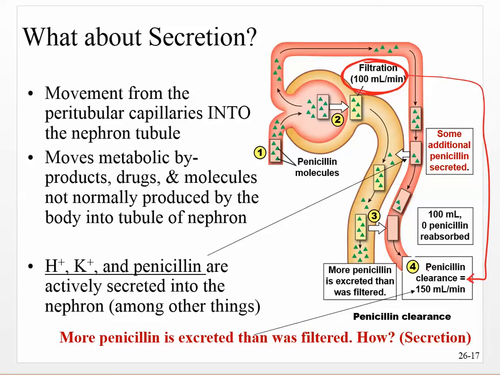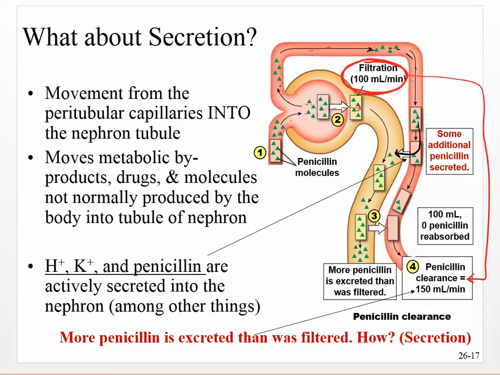Maybe you've already figured this out, but the question is, how on earth are we doing this? How is more penicillin coming out of the nephron than went into it through filtration? And of course, we already know the answer is that as this penicillin moves through, 100 milliliters per minute, some of it escapes by, but when it gets around here, it says, nope, you're going in.